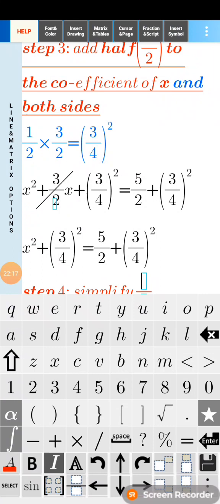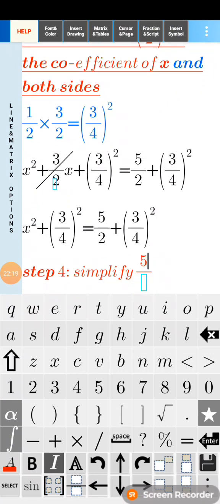Simplify 5 over 2 plus open brackets 3 over 4.